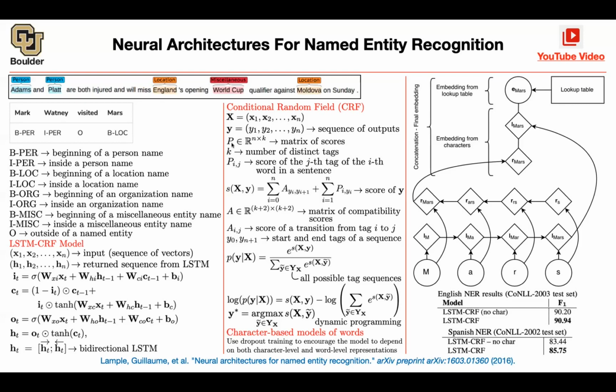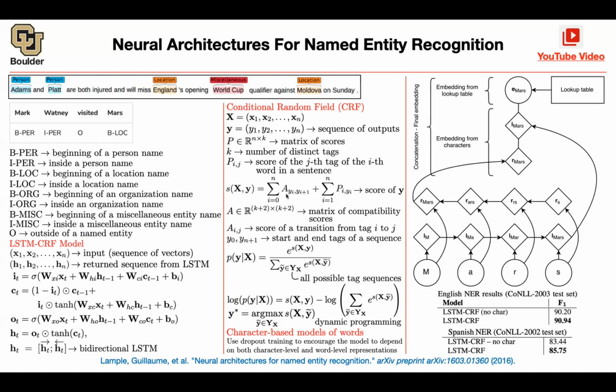You are going to have a matrix of scores. These are the scores coming out of your architecture, which could be LSTMs. These A's, if they are 0, you are working with the independence assumption that the tag of the first word is totally independent from the tag of the word next to it, which is not such a great assumption.